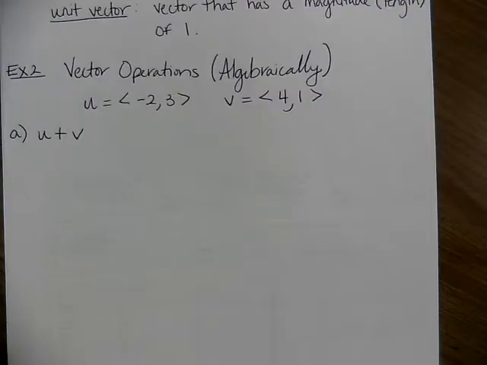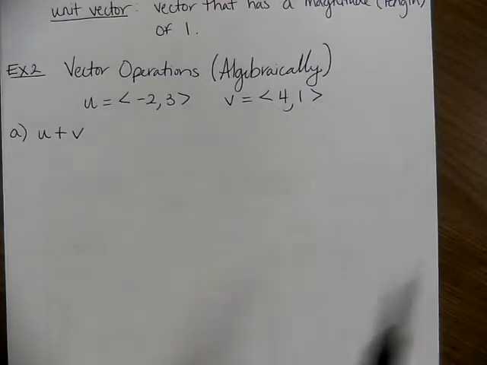what do you think you do? This isn't a trick question. What do you think you might add together? Yeah, the x's. We are thinking of it like x's and y's. We're going to add the horizontal components. We're going to add the vertical components. That's literally all it is.